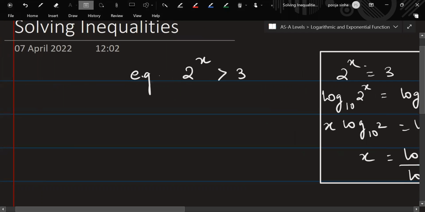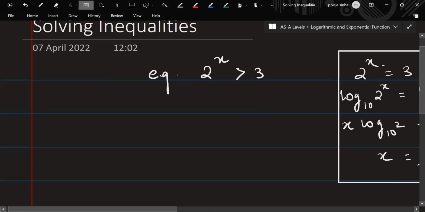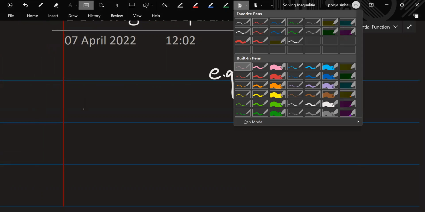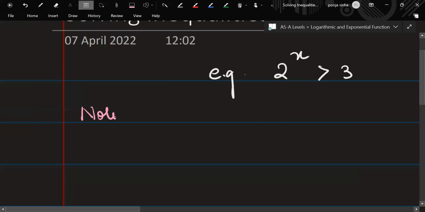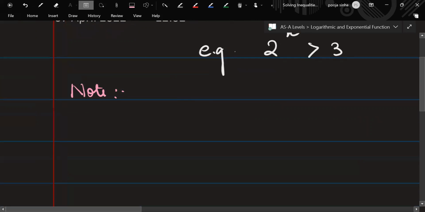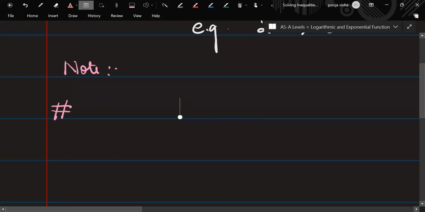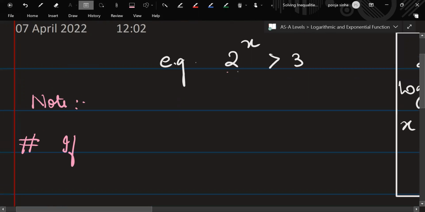Just that we have to take care of a few things. What are the few things that you need to take care? Okay, you will write it down now. You have to write these important pointers. Note, whenever you're taking inequalities, first thing that you need to take care is, can you tell me what is the base here?